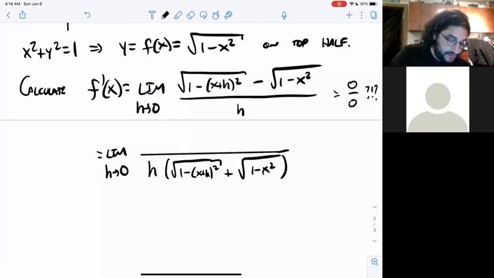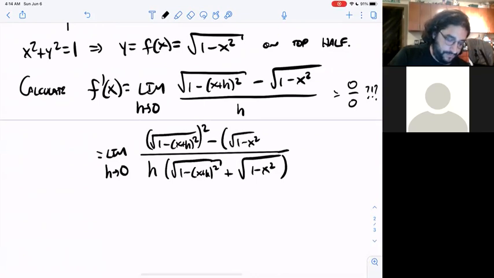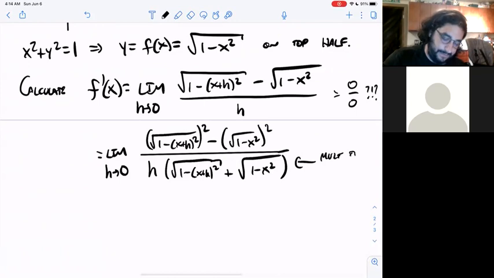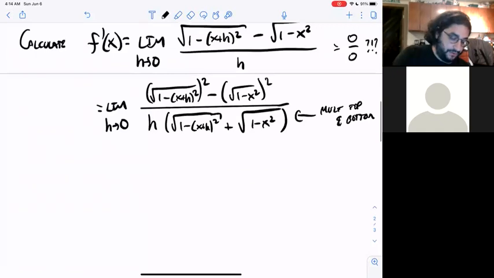I'm doing that because now on the top, I can use the difference of two squares formula. Right? So I'm multiplying the top and bottom by this quantity. So on the bottom, it just sort of sits there. But on the top, it now lets us use difference of two squares, which is going to get rid of all those square roots for me.